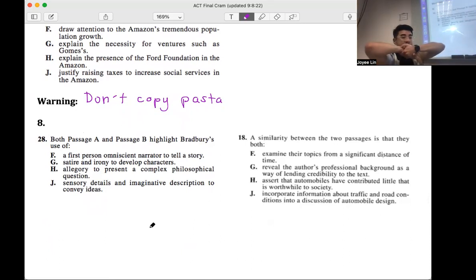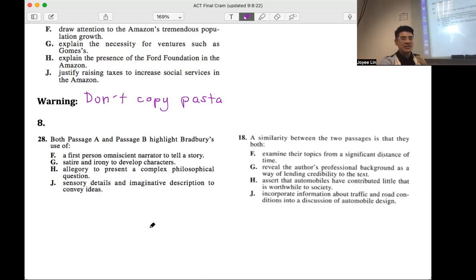Which one? H, allegory? I don't even remember what an allegory is. Isn't an allegory like an extended metaphor? I think that's way too specific. J, I literally think you could apply this to almost any passage and argue that it's true, right?